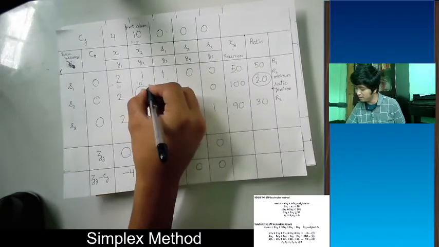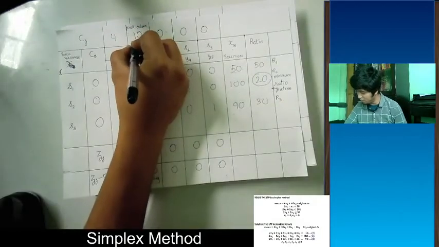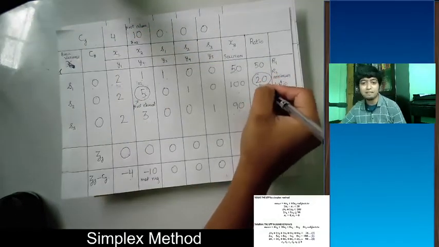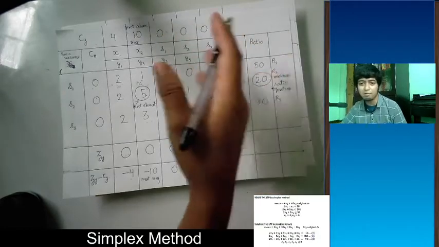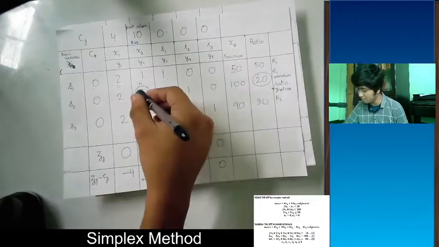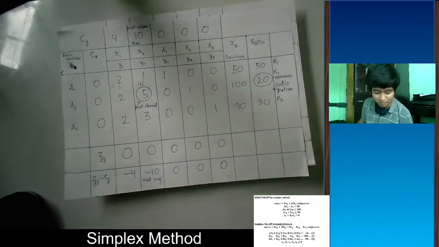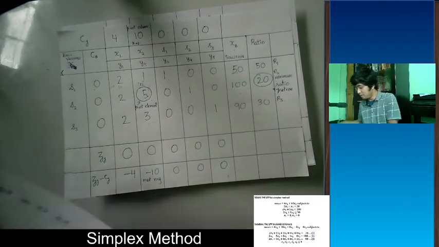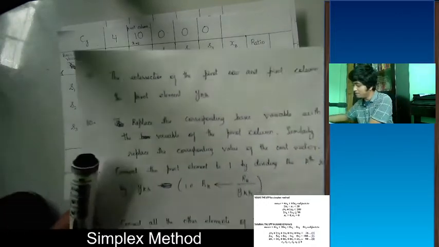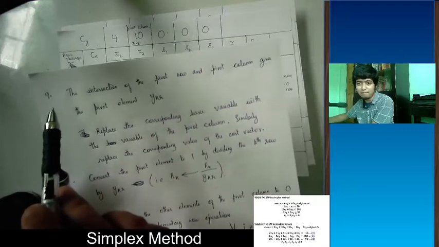So this element is Y22. We don't need to write all this, I'm just telling you. What you actually need to write is just to circle that this one is the pivot element. You need to keep note of that. So we have reached up to stage number 9.